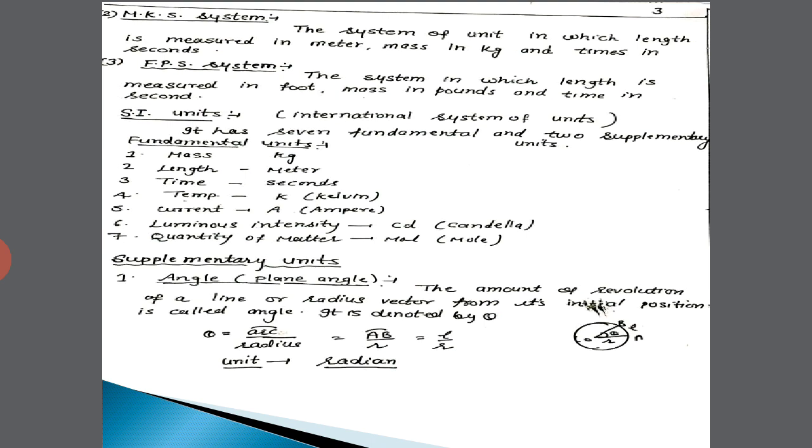If we consider arc AB equal to L, then theta equals arc upon radius, AB upon R, equal to L by R. The unit is radian. Okay, now let's move to the next unit.